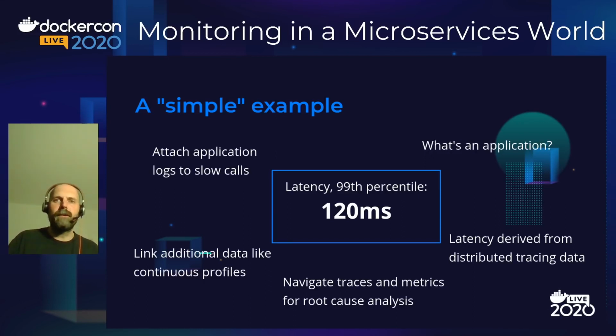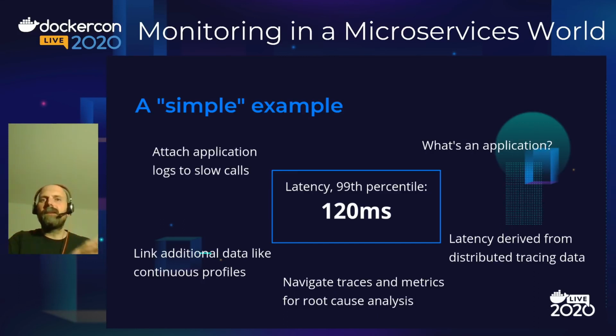So if you have your services instrumented with tracing, you basically have this information: what calls are coming in and how long did it take to respond to those calls. So the monitoring system can take your tracing data and derive latency metrics from it. So it's enough to instrument your services with tracing if the monitoring system is smart enough to derive latency metrics from the tracing data.